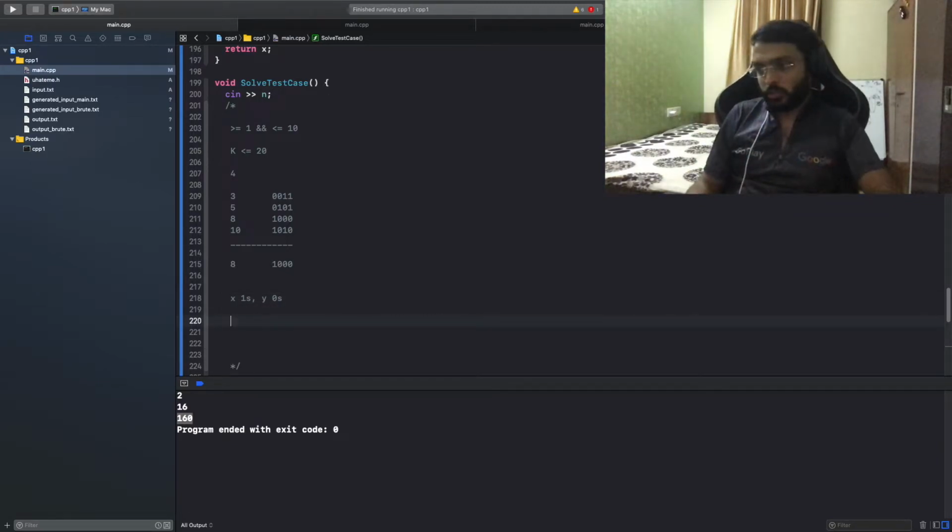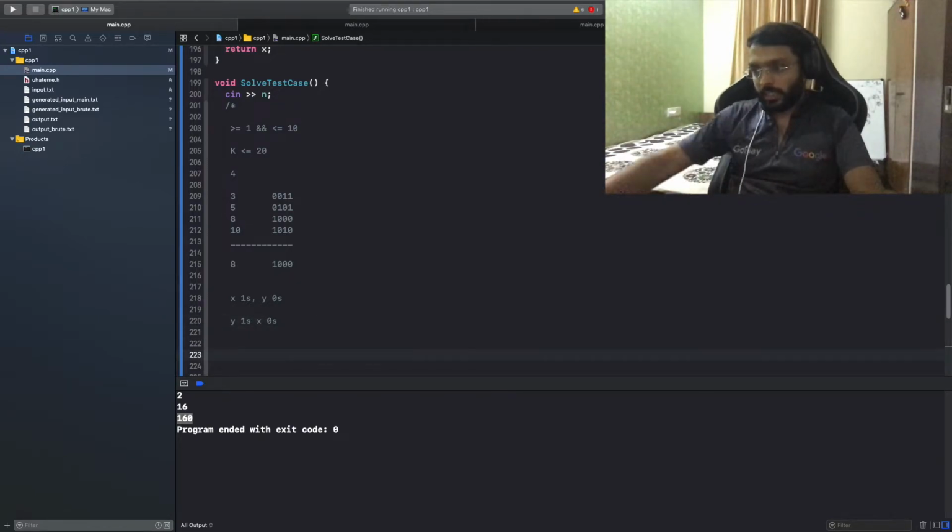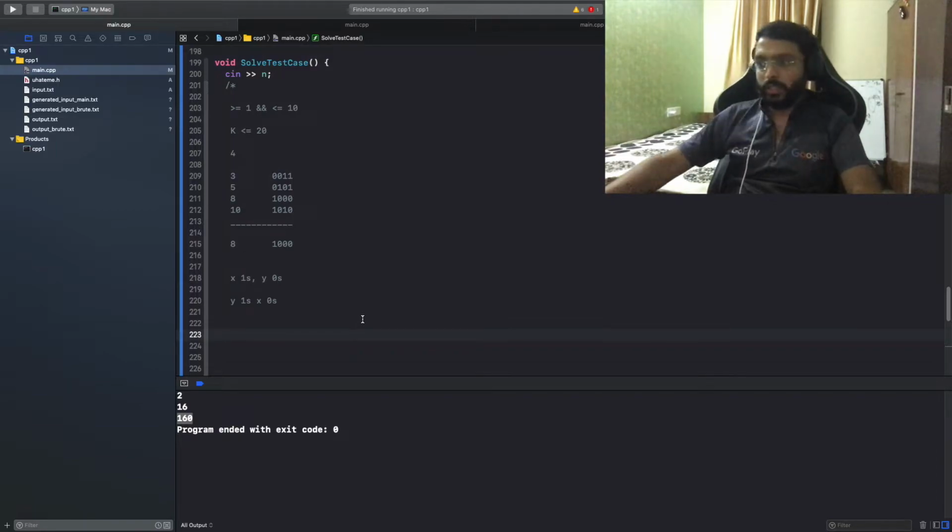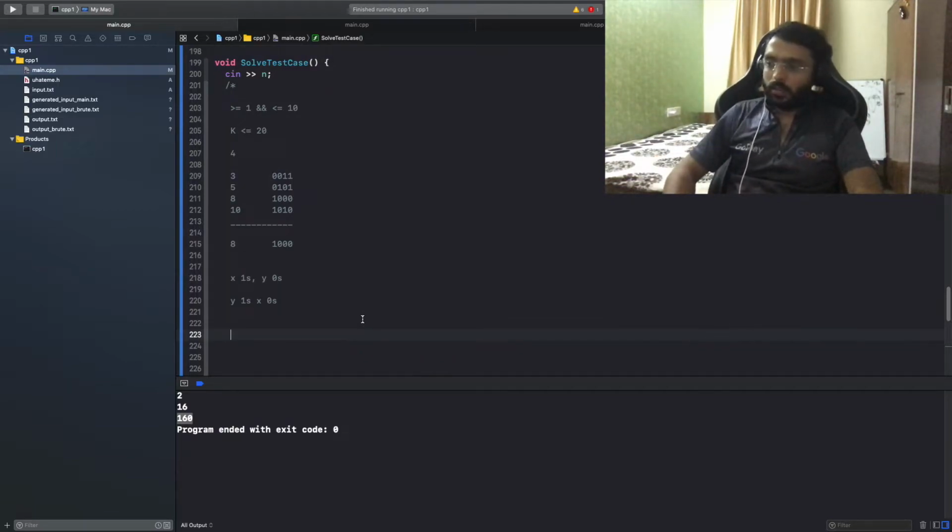So due to the swap, it will be y ones and x zeros. So the increase in sum will be what? y minus x multiplied by k, right?